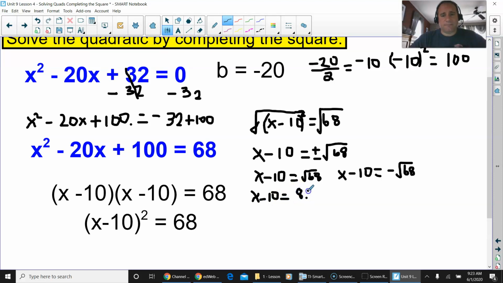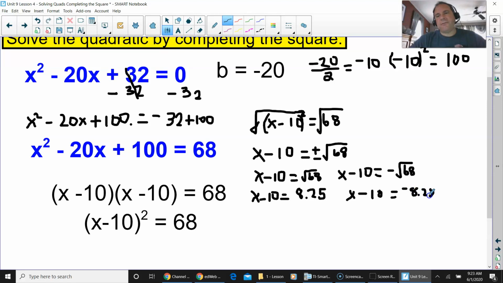We're rounding it. And x minus 10 equals negative 8.25. And like I said before, you could use those squiggly equal signs on these because it's approximate right now. So we add 10 on both sides.